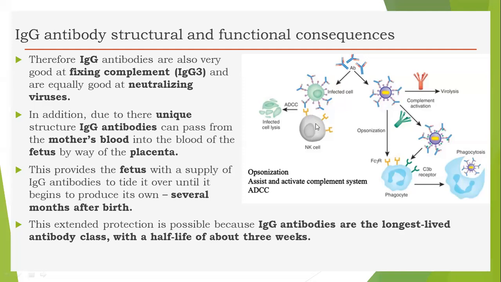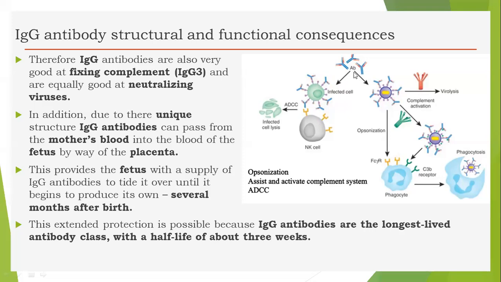We've got the NK cell with its Fc receptor binding to these particular antibodies. And in this case, we'll be talking about IgG3. And then from there, we've got an induction of apoptosis or cell lysis as initiated by the NK cells.